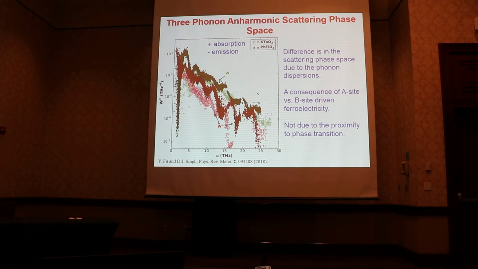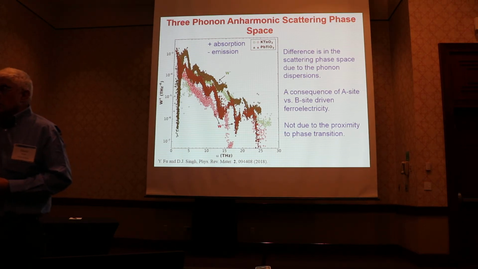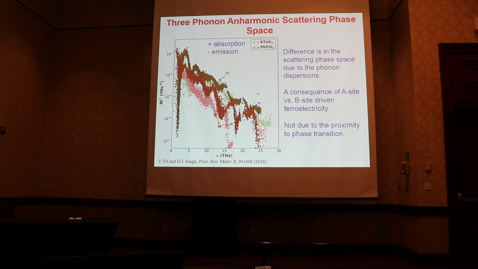And the reason is because of the A-site-driven ferroelectricity, which gives you that soft mode throughout the zone, which is very favorable for scattering. And you can see the coincidence between the scattering phase space and the frequency at which the lead-based modes exist.